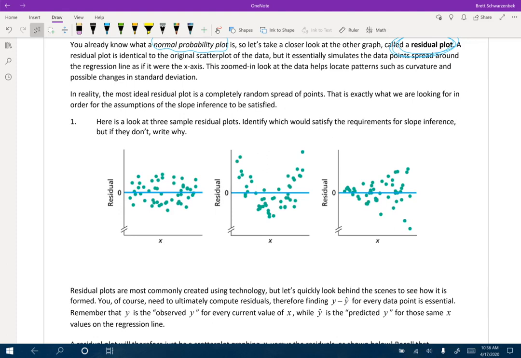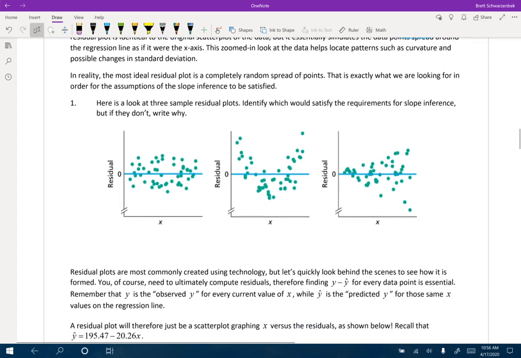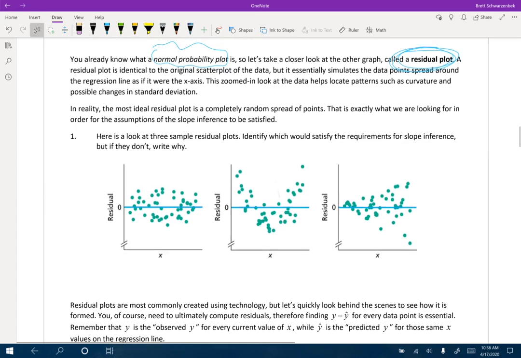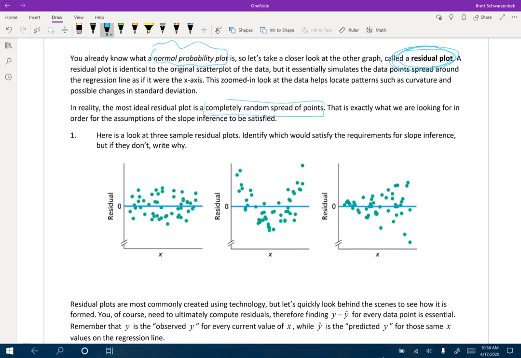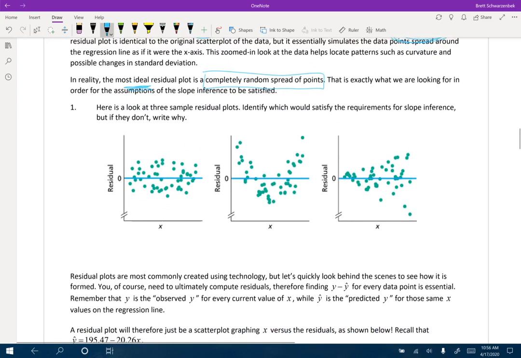It appears that we have a baseline in the middle and then we have points everywhere. It literally looks like a completely random spread of points. Believe it or not, this is exactly what we want. We want a complete random spread of points. This is what is ideal.